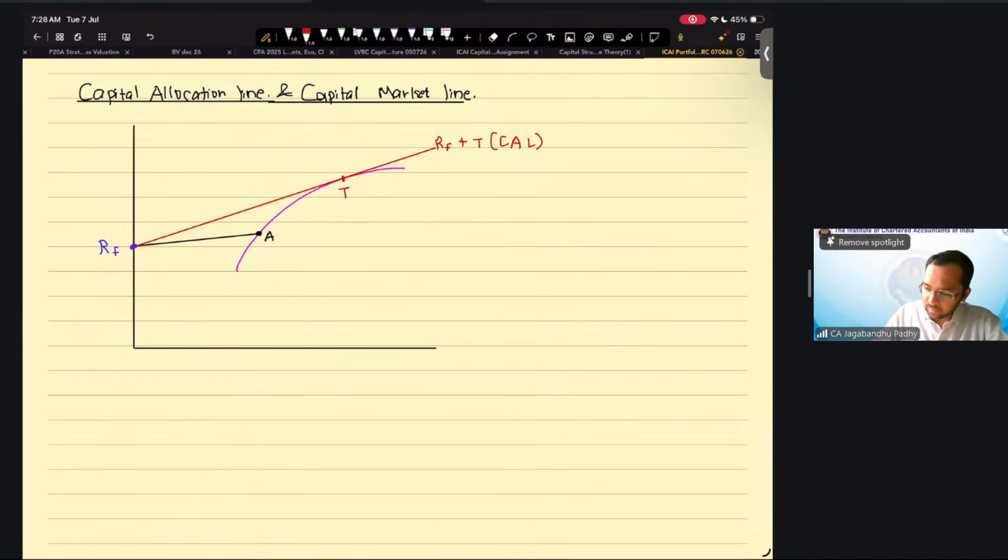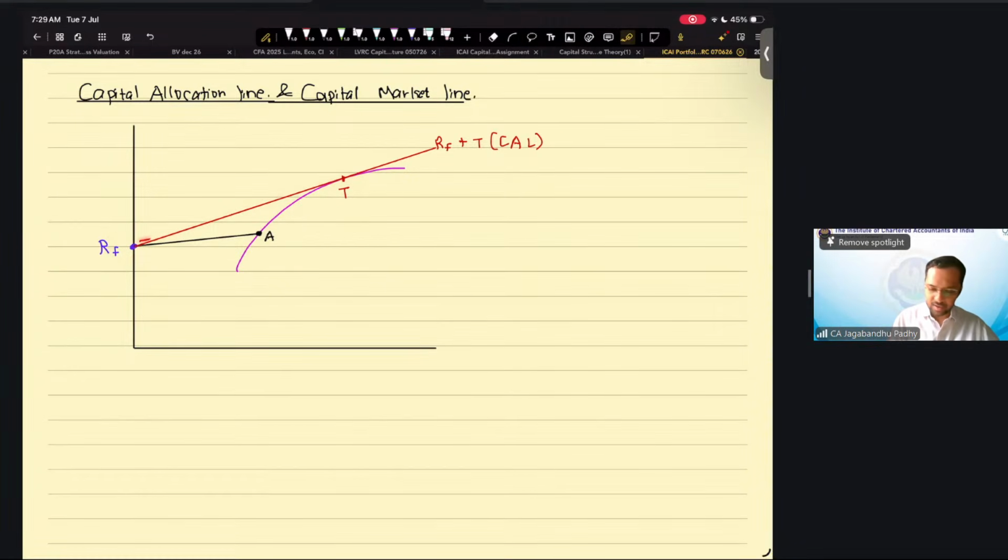Risk-free plus the tangency is what we call the capital allocation line. So, risk-free security plus the security at the point of tangency, that's going to be the capital allocation line.